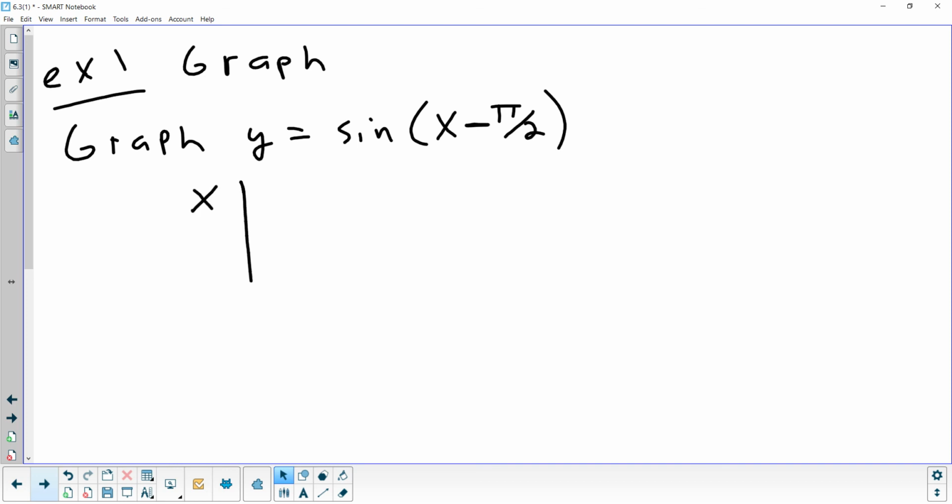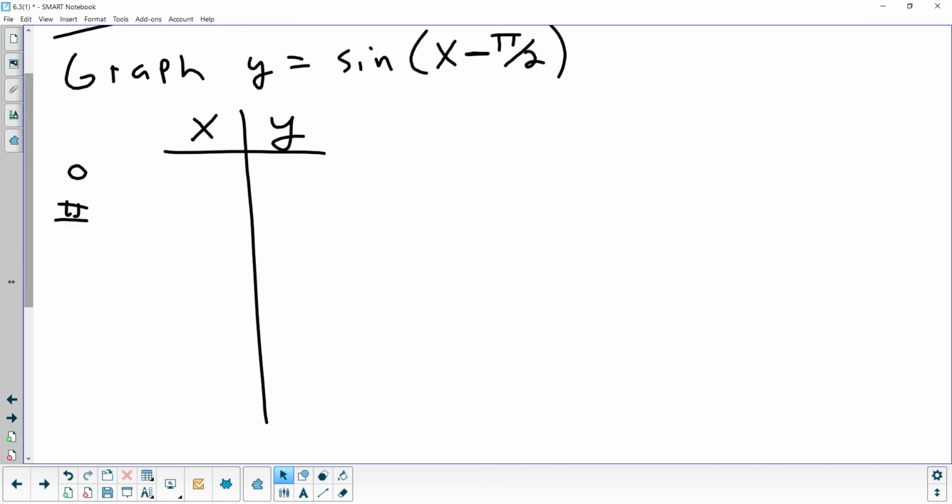So let me write down my original x values. I'm putting them off to the side. I'm going to leave a little room to do some work. 0, pi over 2, pi, 3 pi over 2, and 2 pi. Now, what am I going to do to all these x values to take care of this phase shift?